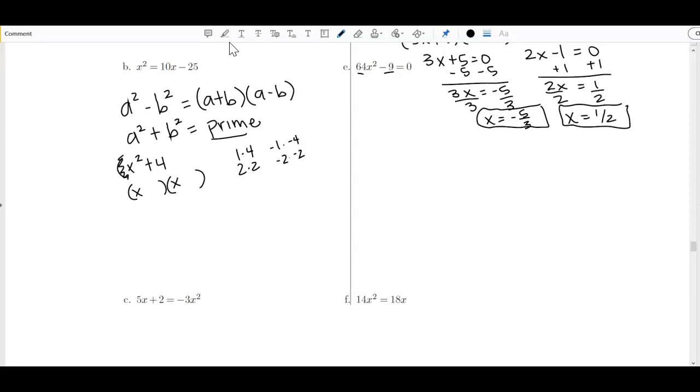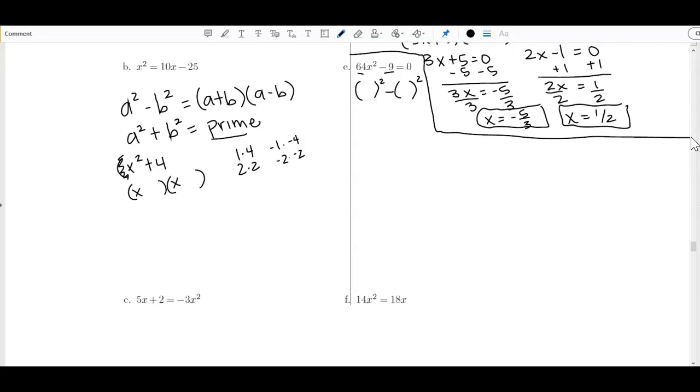Let me put a little box around this so we know that's not part of this one. I want to rewrite it so it looks like this: something all squared minus something all squared. On my 64x squared, I'm trying to think of what times what would give me 64x squared.